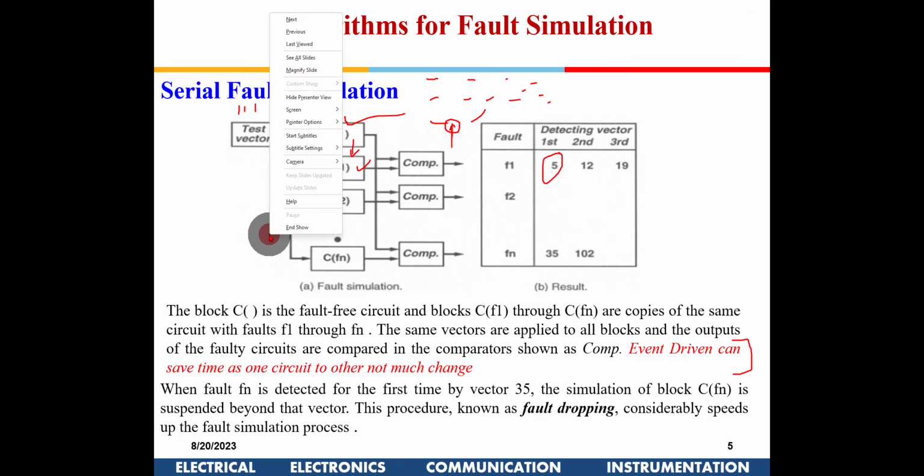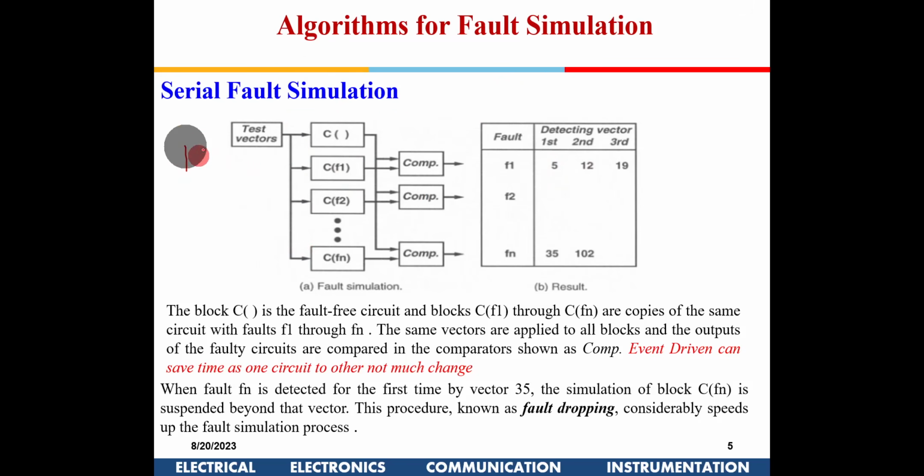Let me explain it once again. Say in the first run, I have detected fault F5, fault F18 and something. In the second run, with a new test vector, I don't have to run that test vector on these blocks, F5 and F18, because we already know those faults are detected.